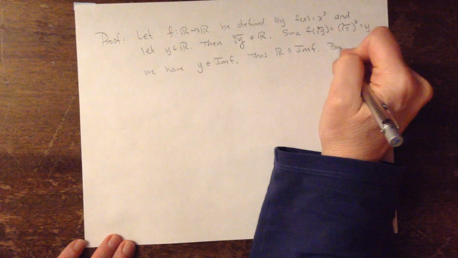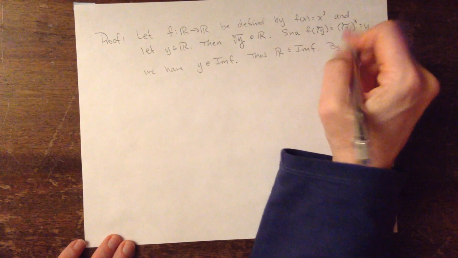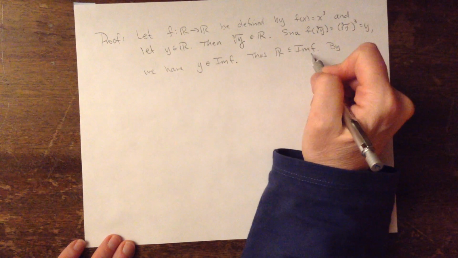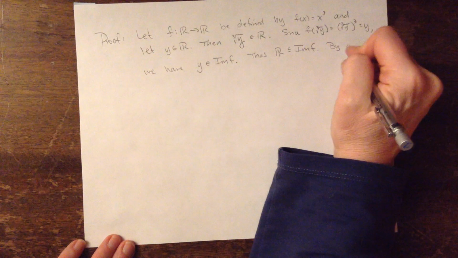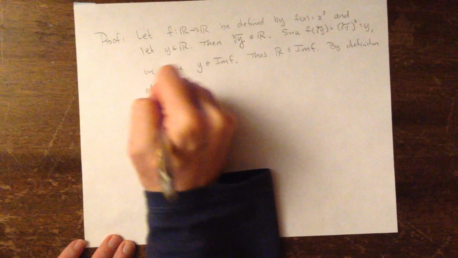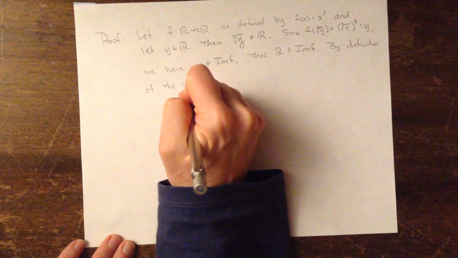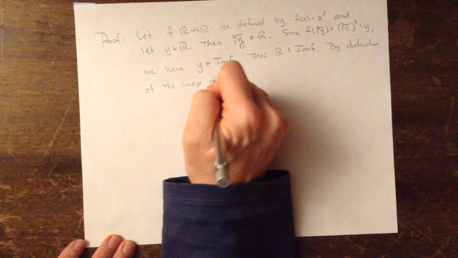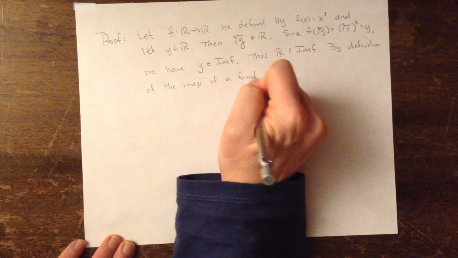So I need to get both directions. And I'm not going to prove that the image of f is a subset of the reals. I don't need to. It's just by definition of the image of a function.